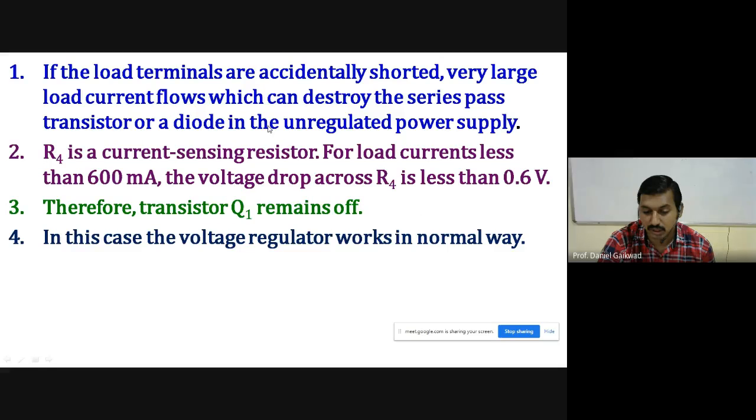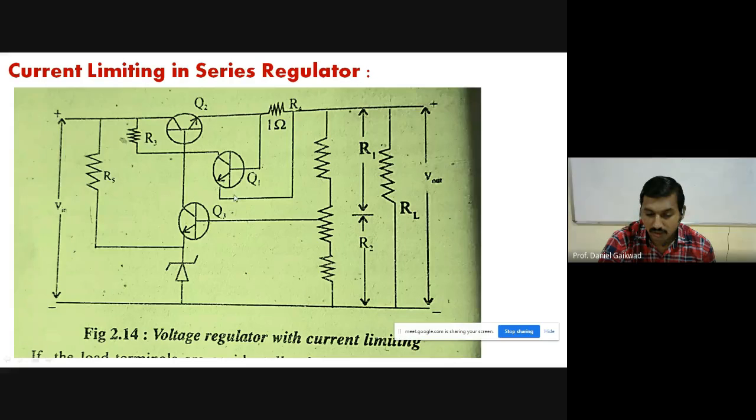Now check carefully how. If this transistor becomes on, then current will flow in this direction, as the base of Q2 is connected to the collector, and the collector will reduce the base of Q2. If 0.6 to 0.7 volt appears across the emitter and the base of Q1, then what happens?